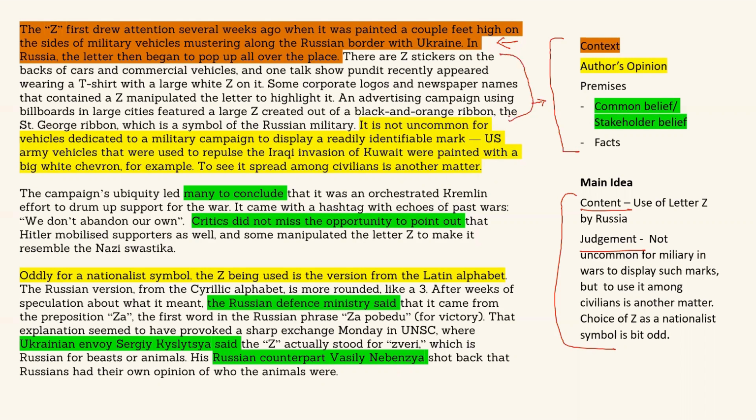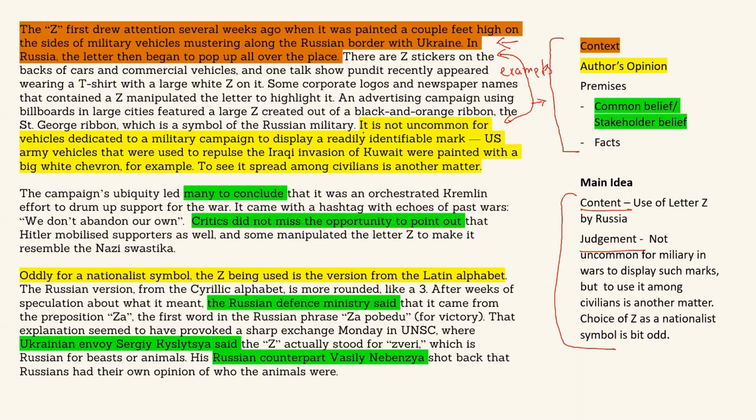These lines, there are Z stickers on the back of cars, and some corporate logos and newspaper names that contain Z, a Z manipulated letter to highlight, and then an advertising campaign, are examples that the letters were everywhere. But till this point, there is no author's opinion.